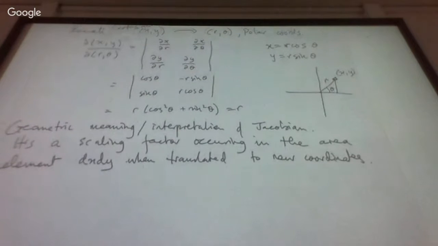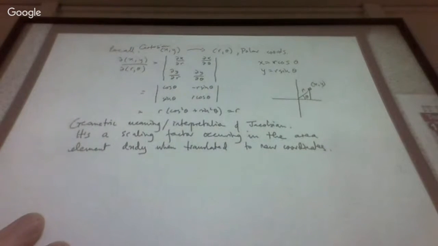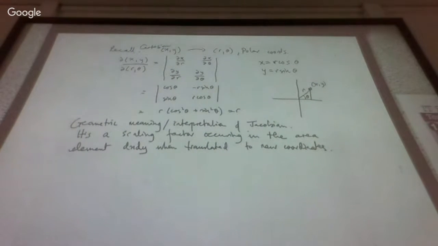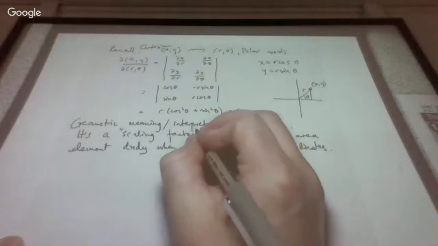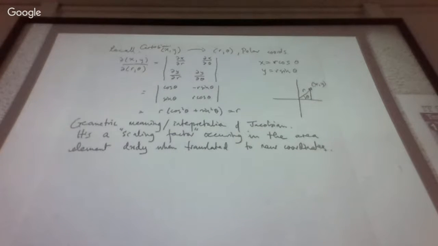And you can get a feeling for this with the diagram. So the Jacobian, it's some kind of scaling factor, which occurs in the old coordinate system.